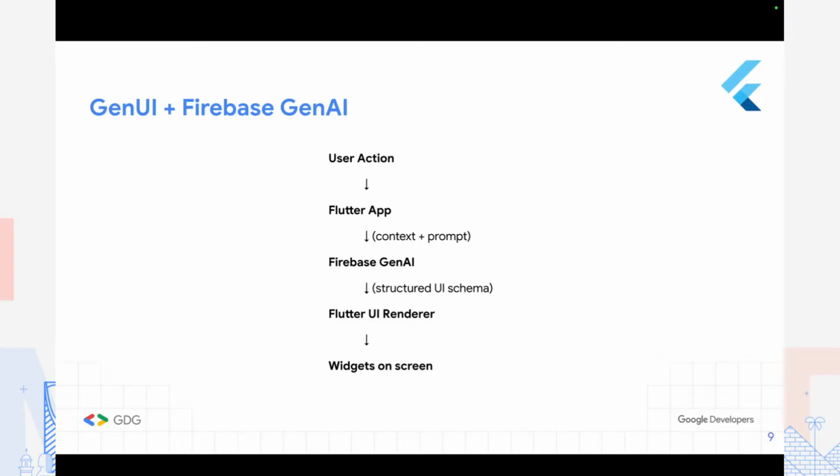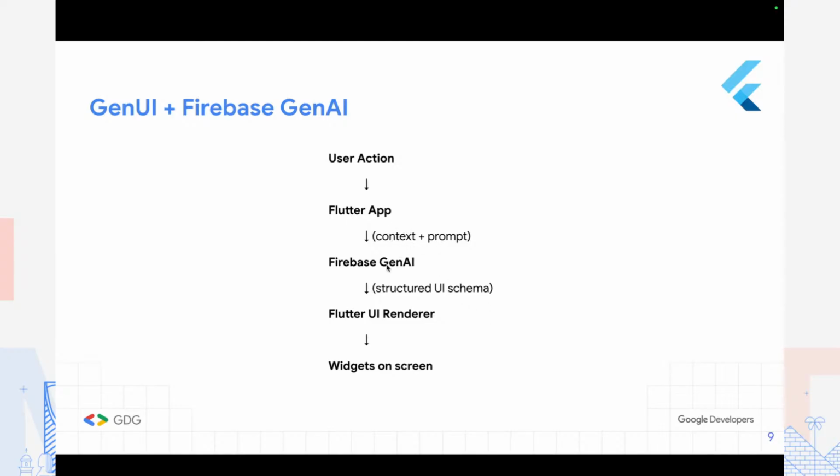So let us understand the flow here. Now, as a user, I'm going to type and say, it could be anything, give me a riddle. So here is a user action. The user is performing an action of writing a prompt, which is give me a funny riddle in my Flutter application.